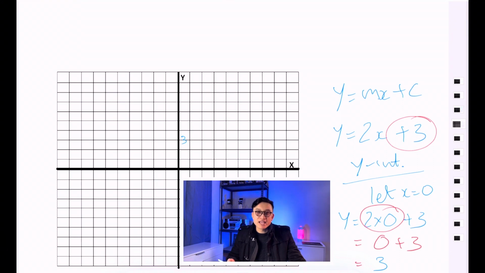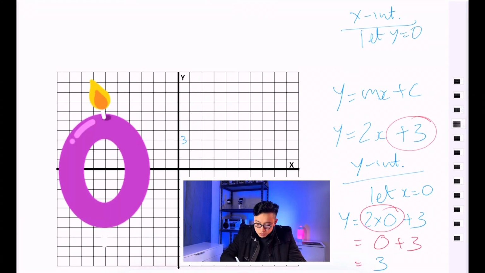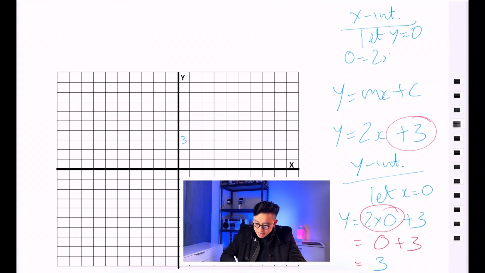And how do you do the x-intercept? Well, to find the x-intercept, you have to let y equal 0. So if you let y equal 0 in this case, you bring 3 over first, and currently there is an invisible times in between the 2 and the x, and the opposite of times is divide.